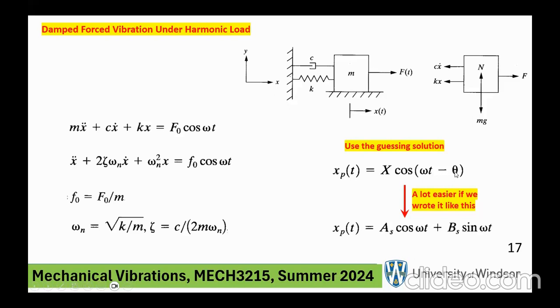Now that combination, big X times cosine of theta, I can call it AS. And the other combination, big X times sine of theta, I can call it BS. So instead of fooling around with big X and theta, pretend that this is expanded as the sum of two and written like that. We don't know AS, we don't know BS, just like here we don't know X, we don't know theta. We wrote it like that because it's easier to handle.